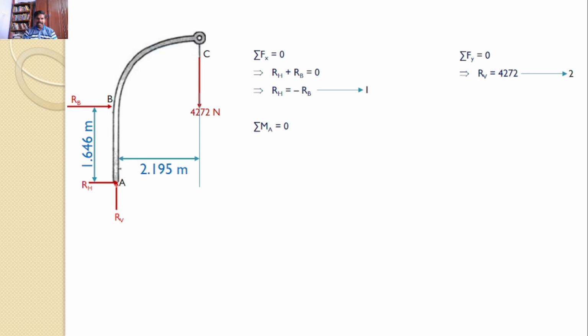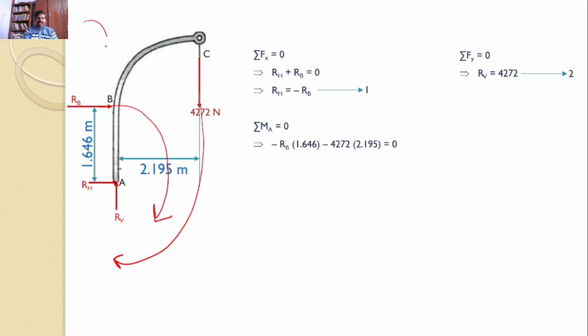Taking moments about A equals to 0. Now, this RB will introduce a moment like this, and this 4272 will also introduce a moment like this. Normally, we will consider the anti-clockwise direction as positive and clockwise direction as negative.